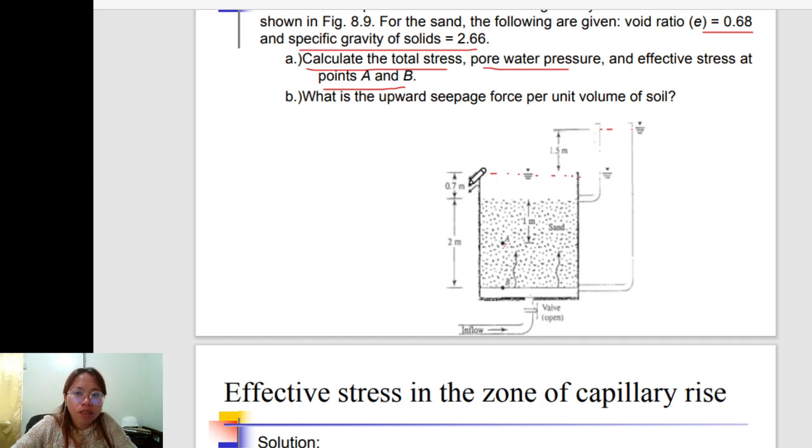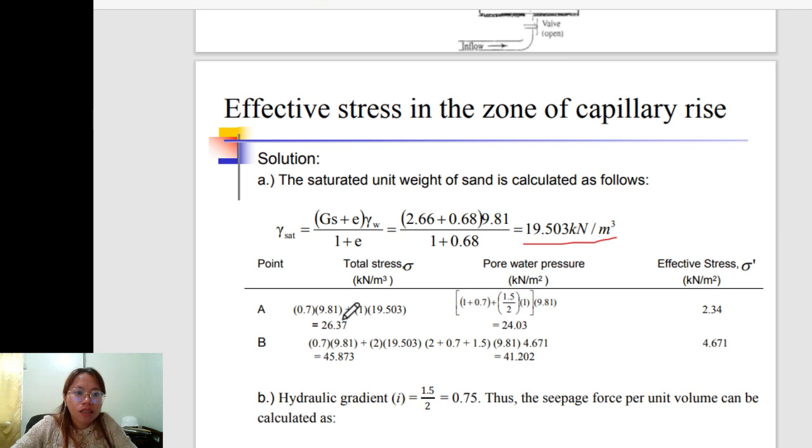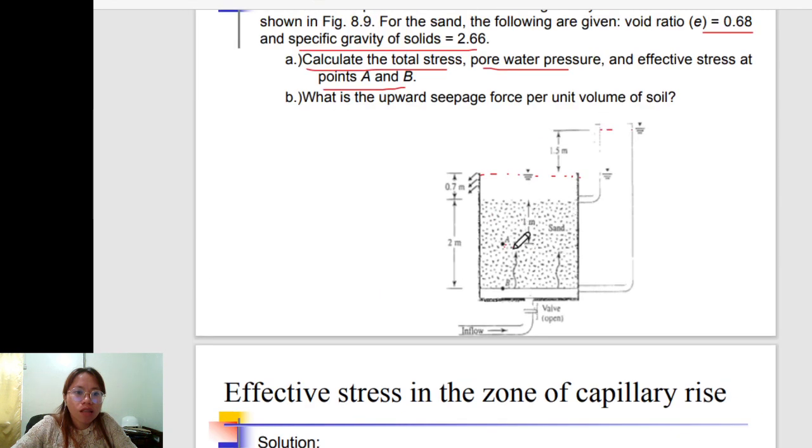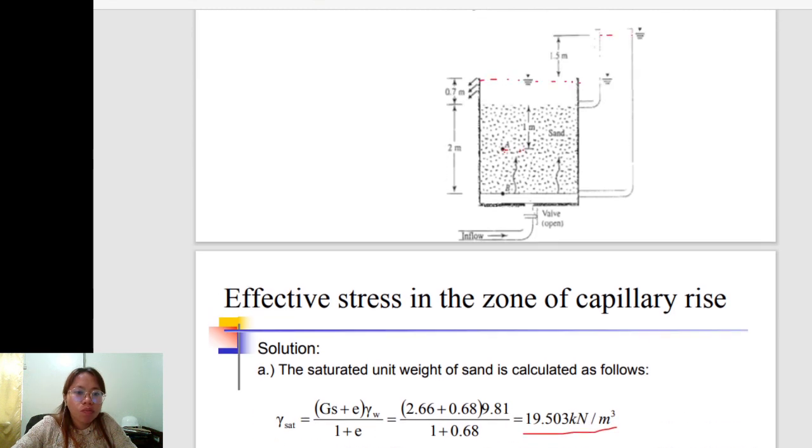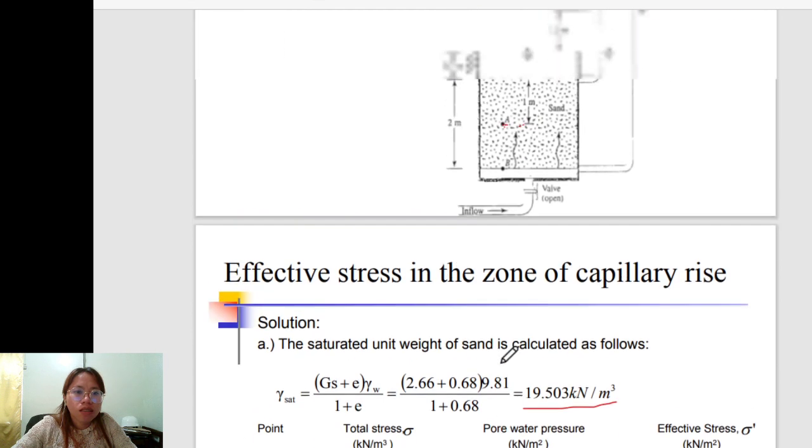The height is 0.7 plus 1, because this is at A, the location of A, which is 1 from this point. This is already soil, no? Times the saturated unit weight, 19.503.